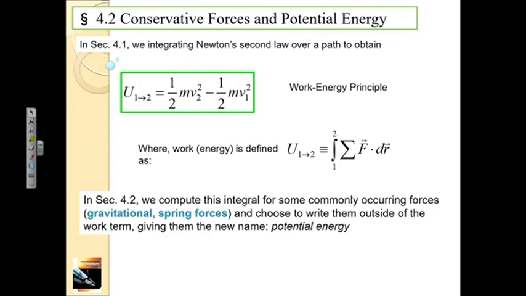And the way we'll do that is we'll take some commonly found forces. So today we're going to use gravity and springs. And we're going to remove those from the work equation. And instead of having them as external work, we'll set these up as potential energy.